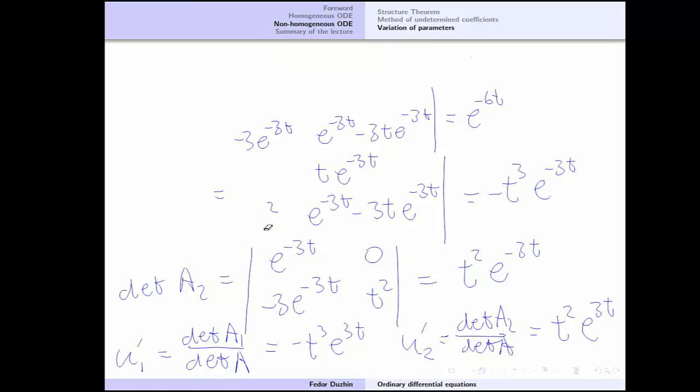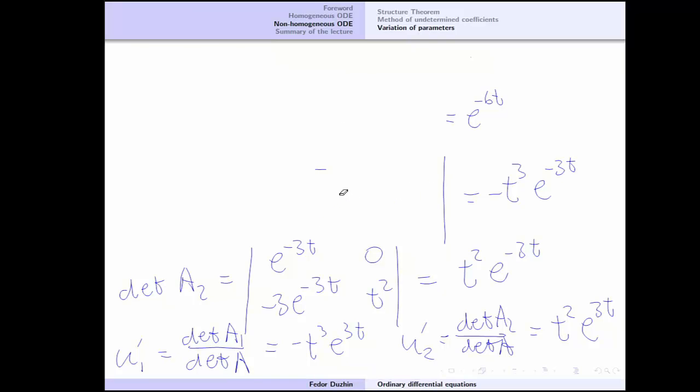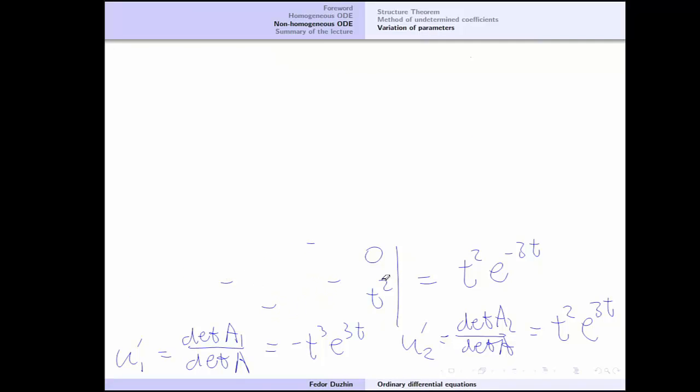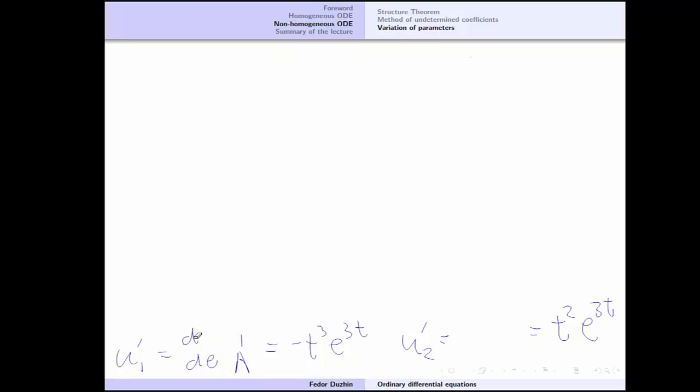Yeah. So recall that so far we have obtained u1 prime and u2 prime, and the motivation was that in order for the combination u1 times e to the minus 3t plus u2 times t e to the minus 3t to be a particular solution of the non-homogeneous equation, u1 prime and u2 prime must satisfy a certain system of equations, and by solving the system we are almost done.